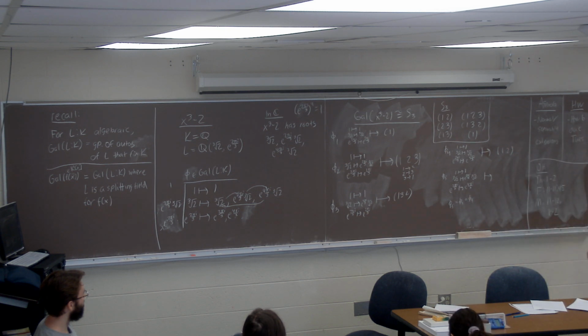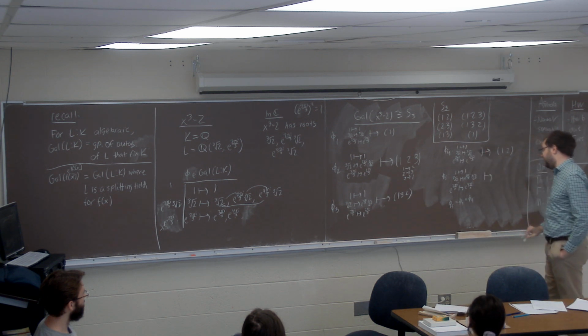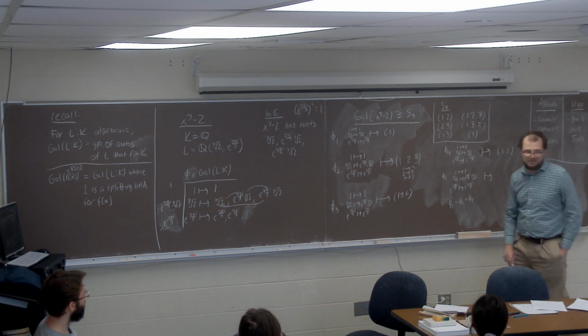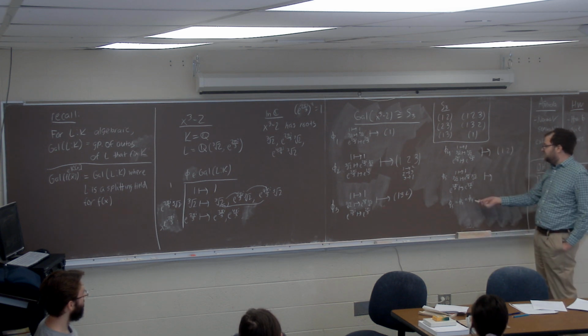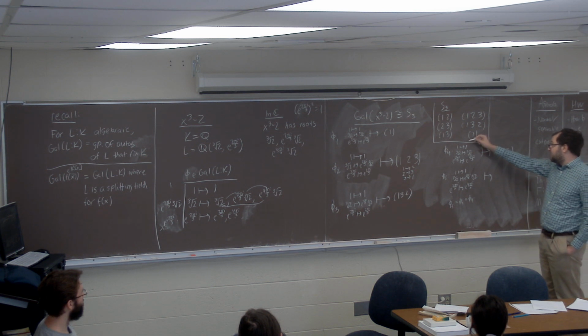Let's see, if we start by doing phi 4, that'll map 1 to 1. If we then apply phi 3, 1 still maps to 1. Wait, phi 4, I was looking at the wrong one. Okay, if we do phi 2 composed with phi 4, if we apply phi 4 first, that maps 1 to 1.